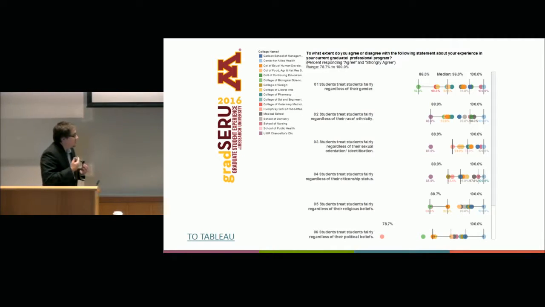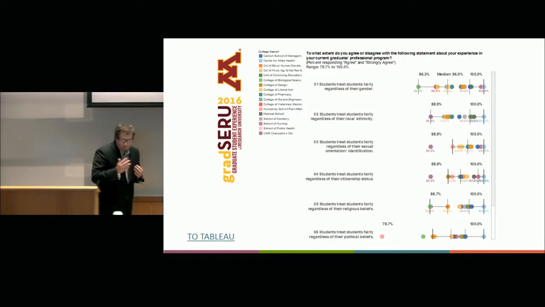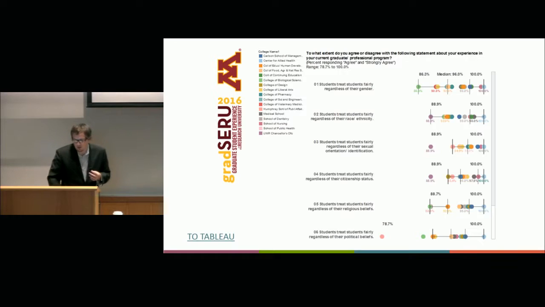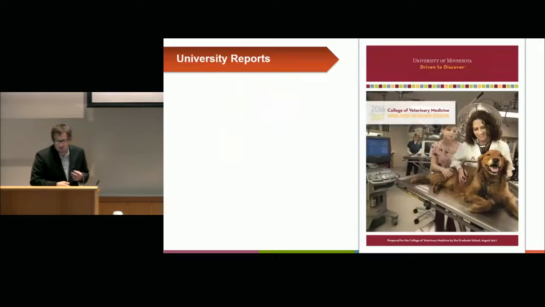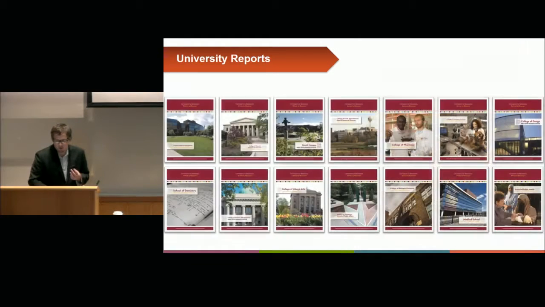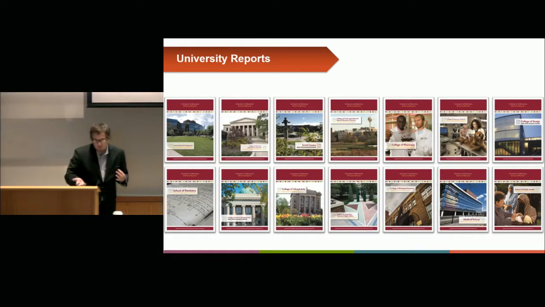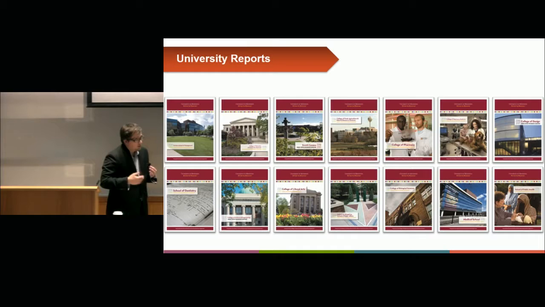But what the Tableau server allows you to do is jump in and start to look at the data and position where a college or a program is situated compared to its peers. And that's something that the graduate school has begun using in their annual collegiate reports, which is something new they're doing this year, in which they provide a wealth of data, some of it using GradSERU, to point out where colleges are strong and where there may be some areas for improvement going forward.